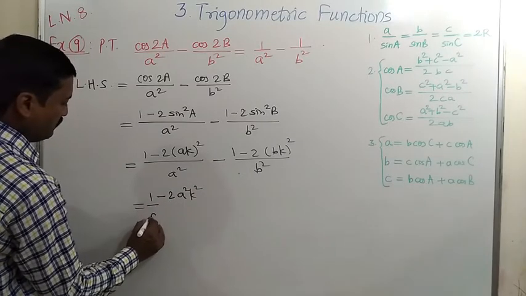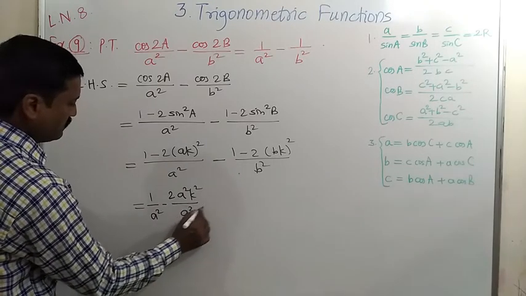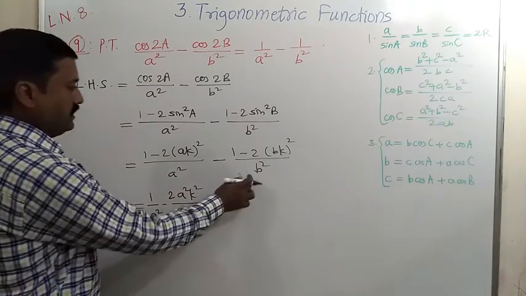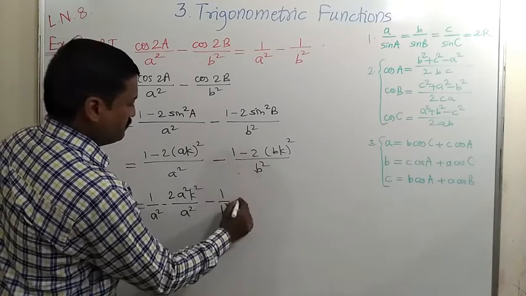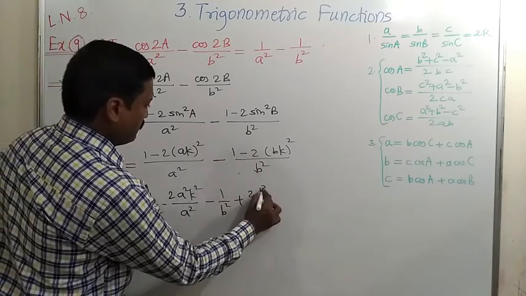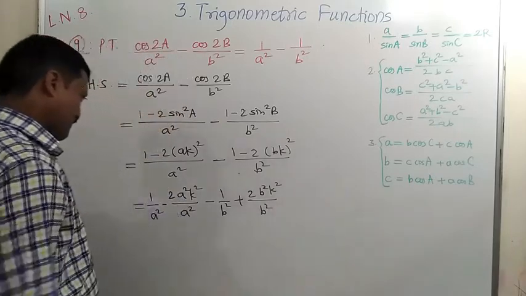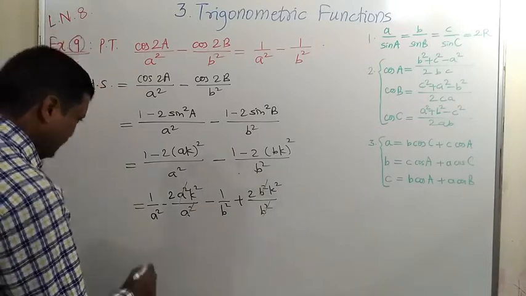Let us divide separately by this A square, separating the denominator, minus we get 1 upon B square, minus minus becomes plus 2 B square K square upon B square. Here A square gets cancelled, here B square gets cancelled.